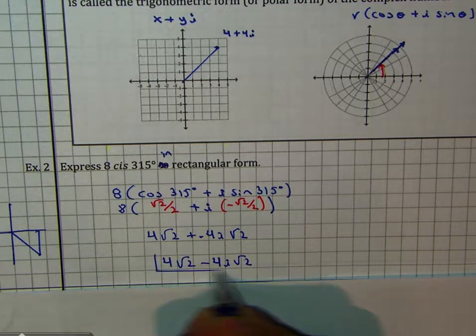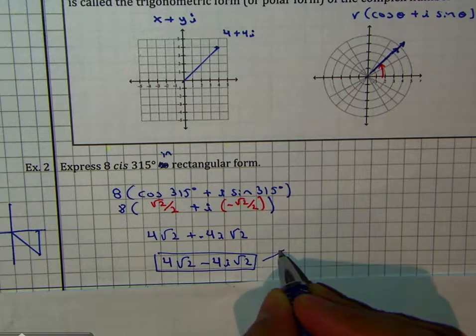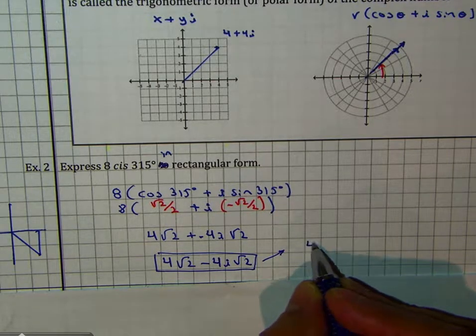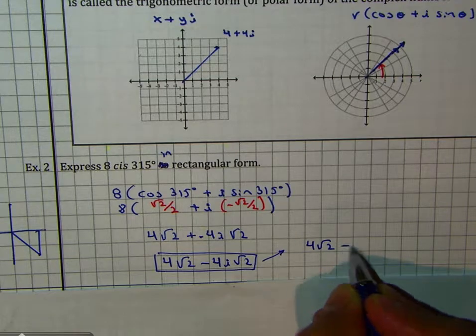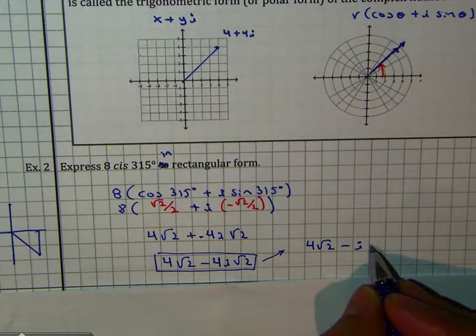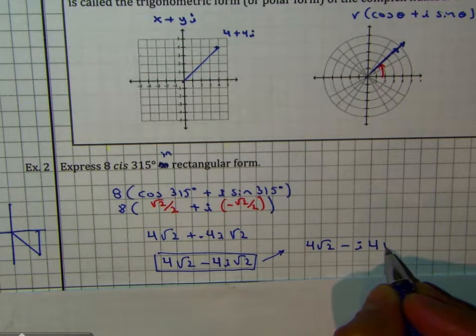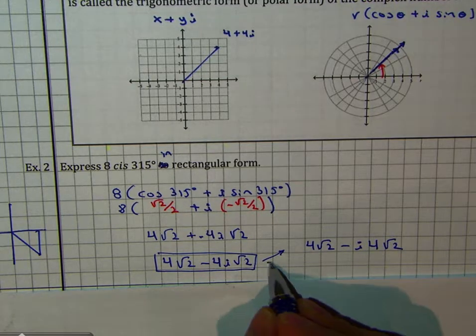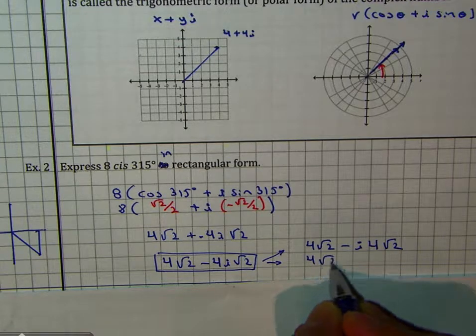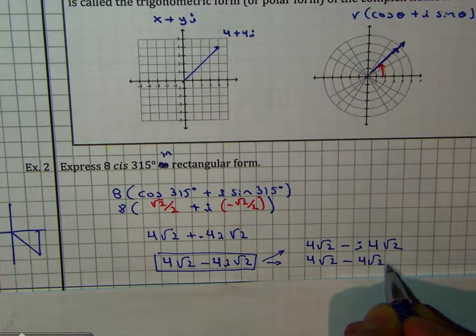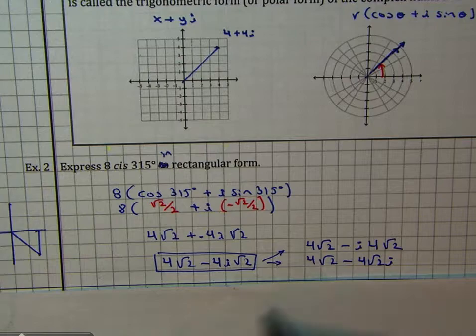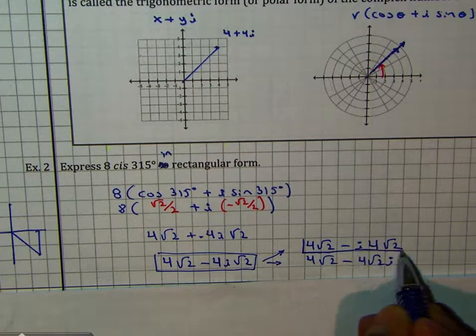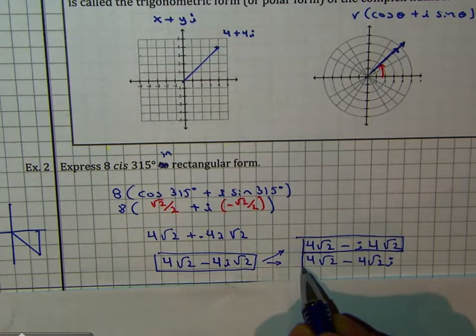Now be careful, there are going to be times that you will see it written down as 4 square root of 2 minus 4i square root of 2, where they keep the i in front before the 4, and sometimes as 4 square root of 2 minus 4 square root of 2 i, where they keep the i on the very end. Either one is fine, depending on the book you're using or the section you're working with.